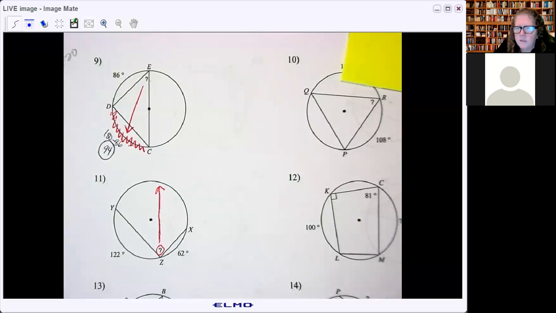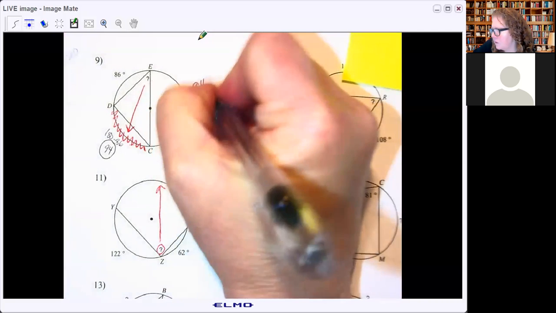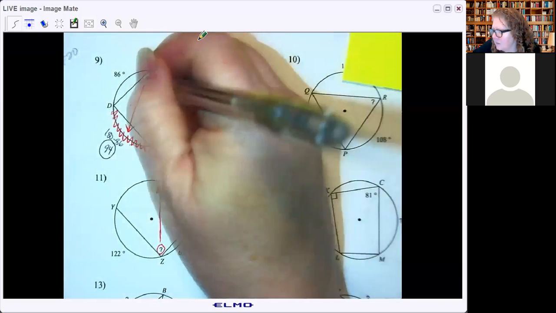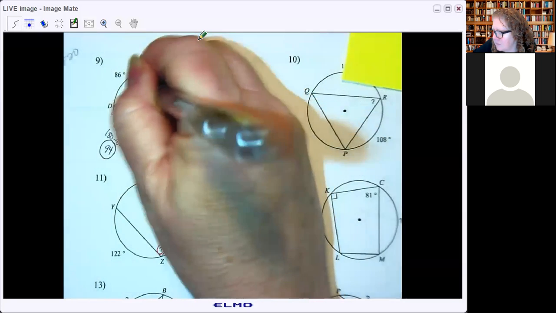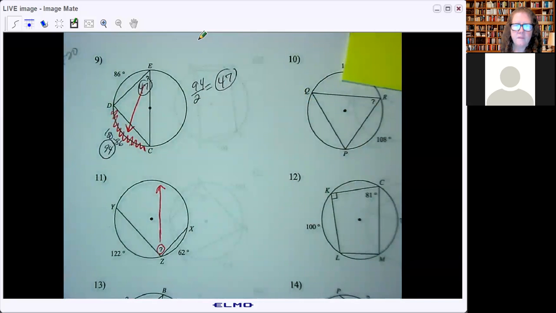Thank you, Jose. 94 on number 9 was the arc that we needed to find in order to get the angle we were looking for. So we do 94 divided by 2, and we get 47. So this angle is 47. Okay.